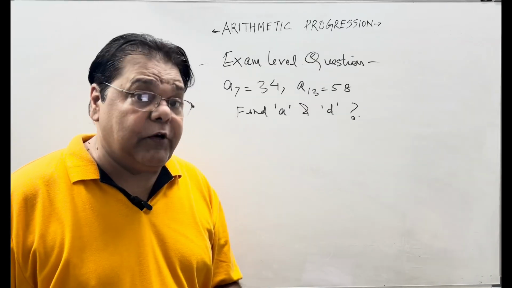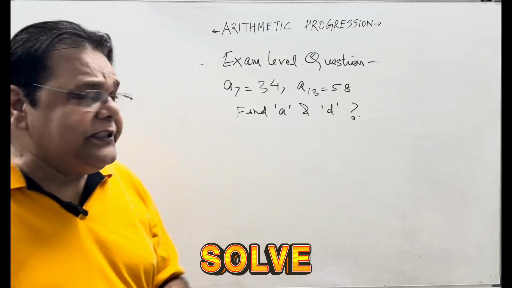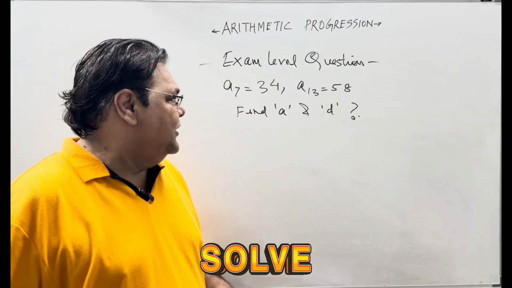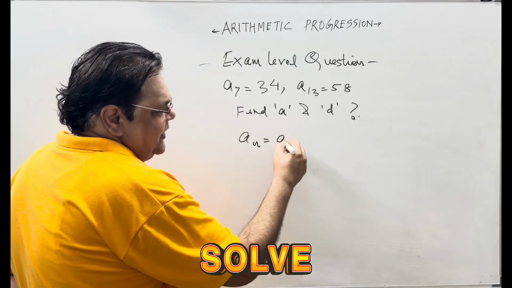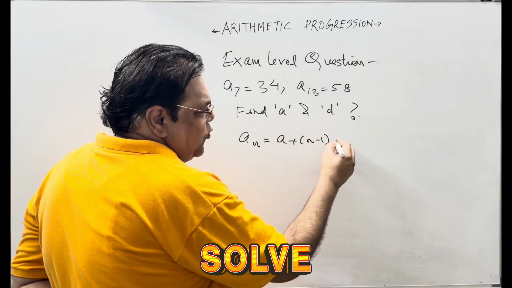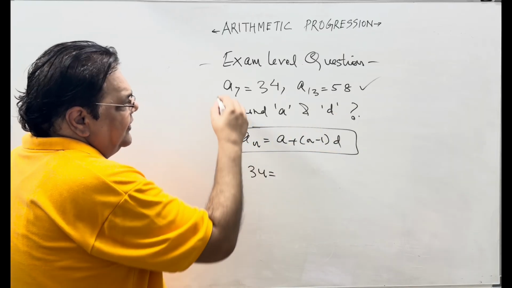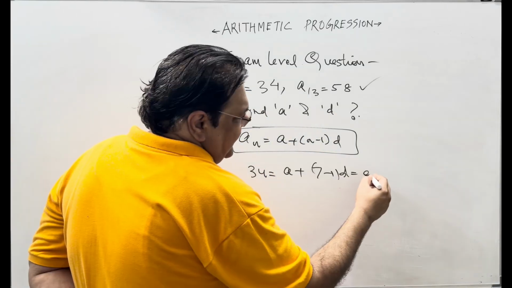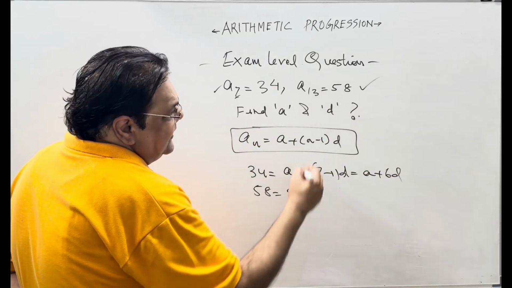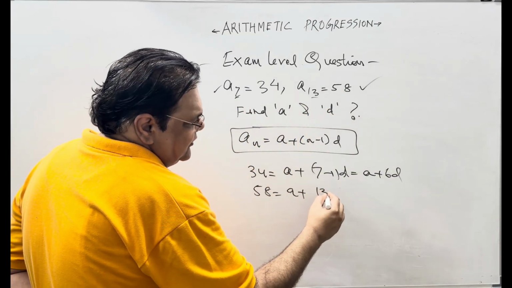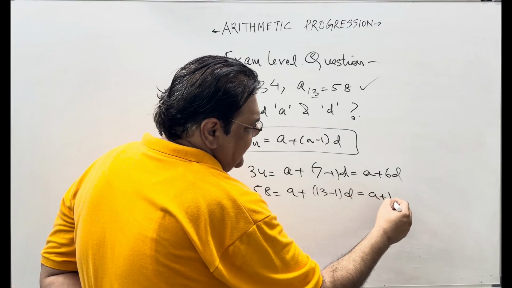This is an exam level question. The 7th term is 34 and the 13th term is 58. You have to find the first term and the common difference. An is equal to a plus (n minus 1)d. Using this, 34 is equal to a plus 6d, and 58 is the 13th term, so 13 minus 1, a plus 12d.